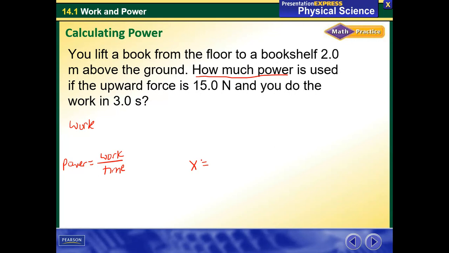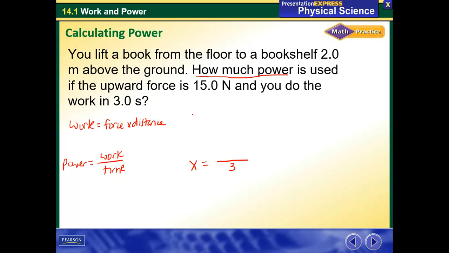Well, if we read this problem, we have our time. We know that it's 3 seconds, but we don't know what our work is. It doesn't give us work. It gives us distance and it gives us a force. So this is when we're going to be like, hey, we have two unknowns. So we have to actually use our work equation, which is force times distance, in order to find it.